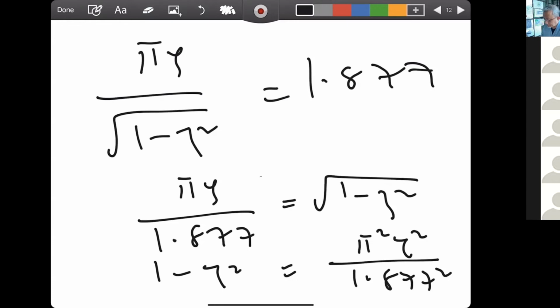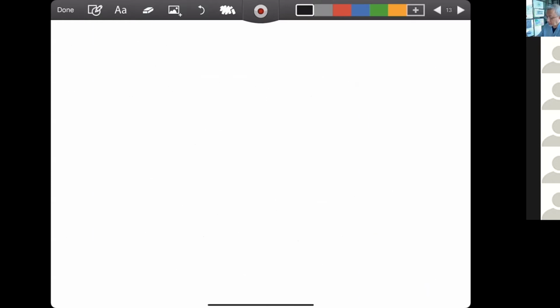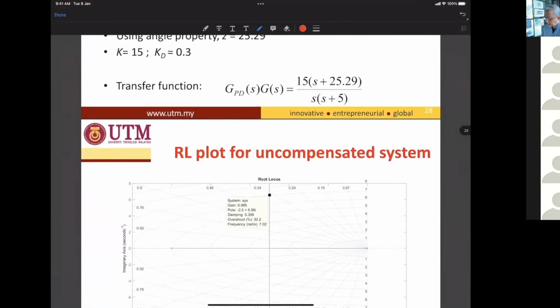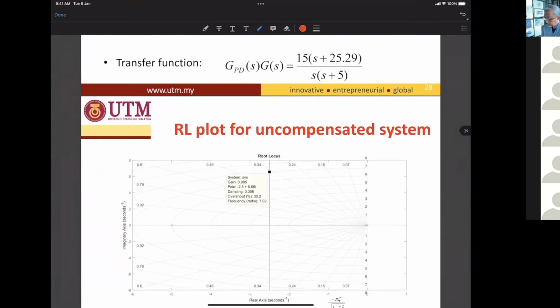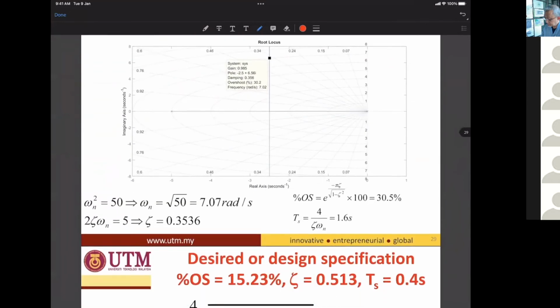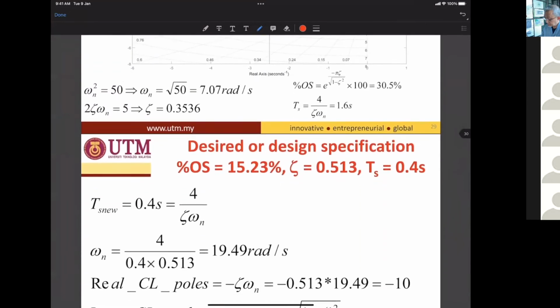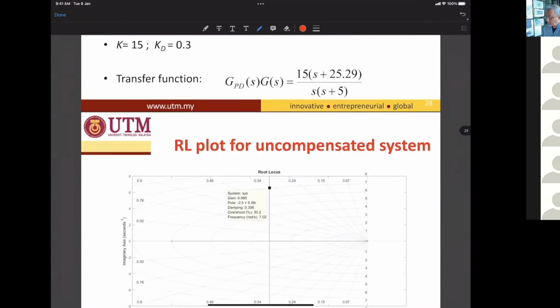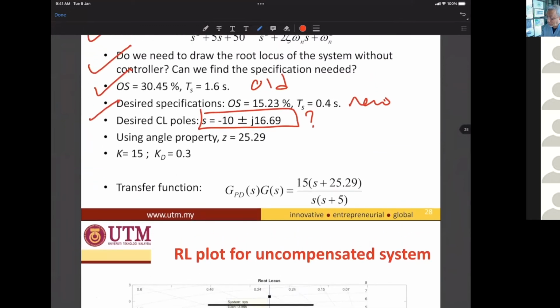Cuba simplify kan? So akan dapat nilai dia lebih kurang berapa nilainya? Okay, you simplify zeta tu dan kamu dapat omega n yang baru.